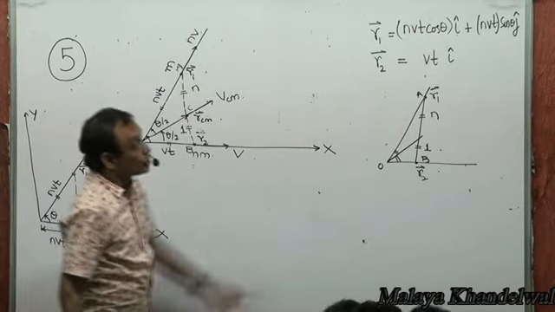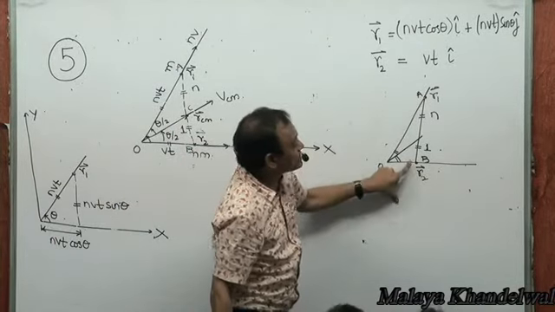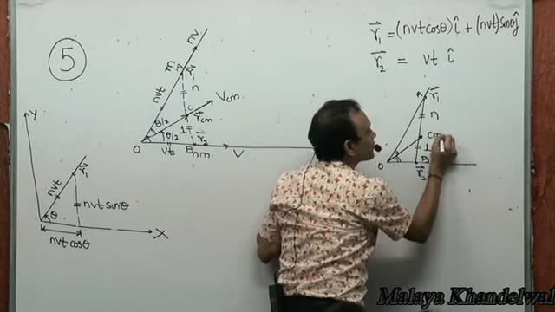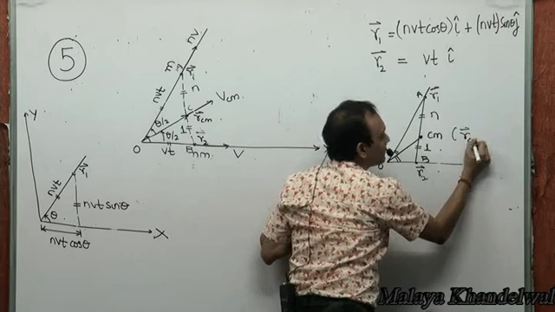The position vector of A is r1, the position vector of B is r2. Now this is the center of mass. It has position vector rCM.